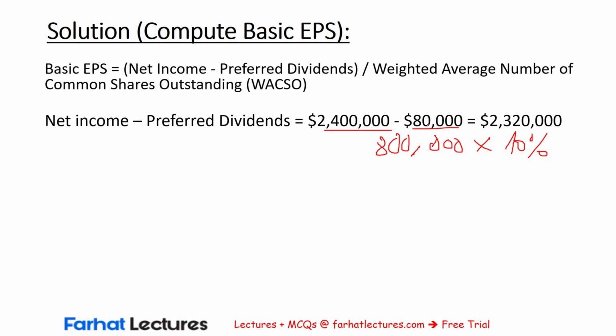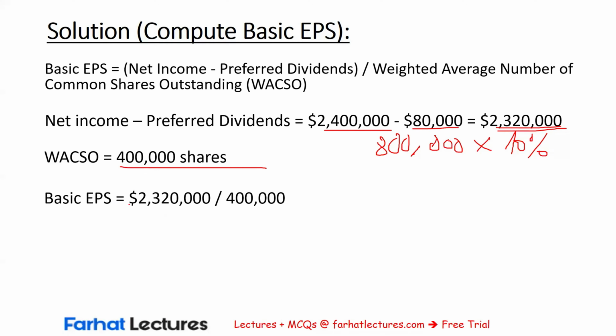So 2,400,000 minus 80,000 is 2,320,000. This is our numerator, and our denominator is provided as 400,000 shares. So the basic EPS is 2,320,000 divided by 400,000, which is $5.8 per share.